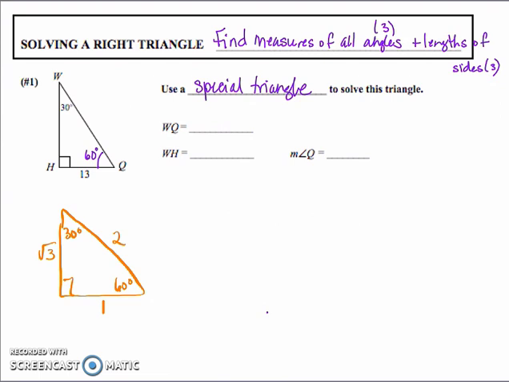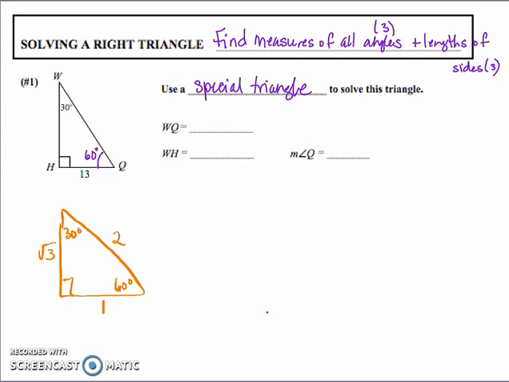So we can use that information to solve the given right triangle because basically the side lengths are just going to be multiples of the side lengths of our special triangle. If we look at the picture, side WQ in our triangle is the hypotenuse.